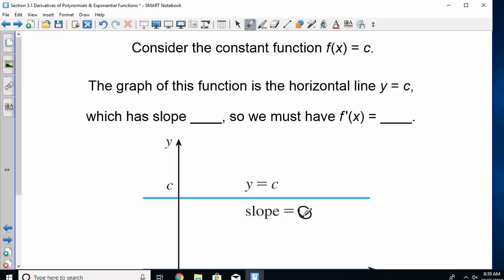So if a derivative is the slope of the tangent line, what would be the derivative of this? Still 0, right? The tangent line is just the line itself in this case, and it would have a slope of 0. So what that means is the derivative of any constant is 0.